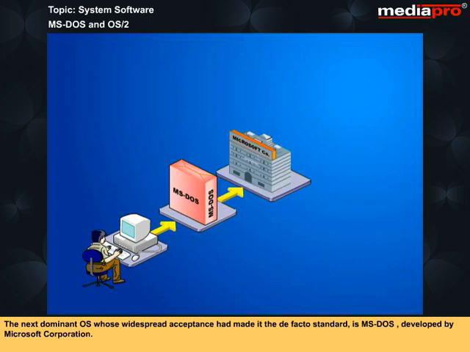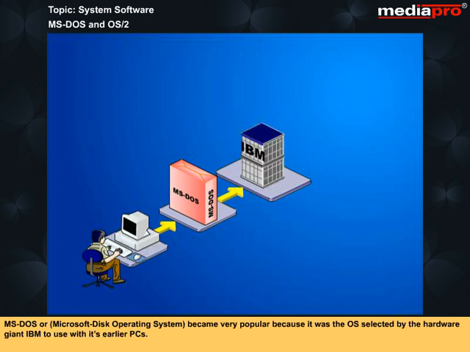The next dominant operating system whose widespread acceptance had made it the de facto standard is MS-DOS, developed by Microsoft Corporation. MS-DOS, or Microsoft Disk Operating System, became very popular because it was the OS selected by the hardware giant IBM to use with its earlier PCs.